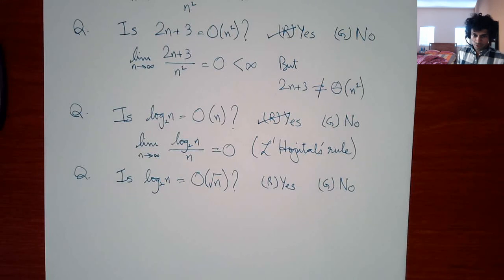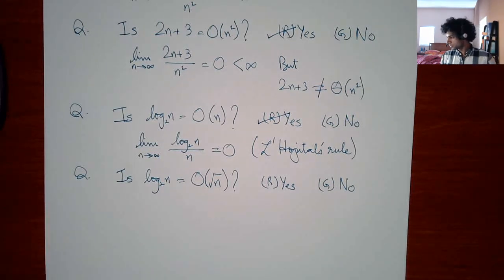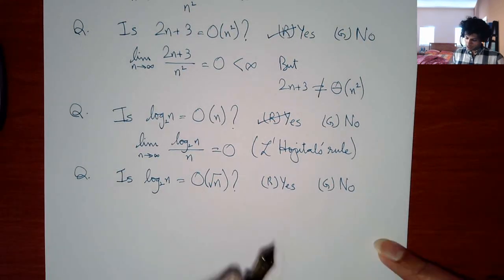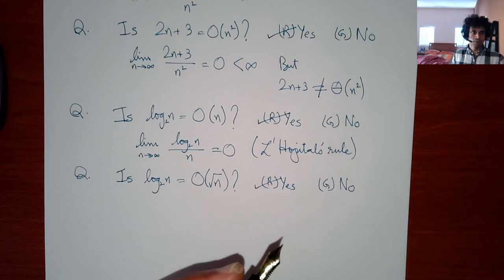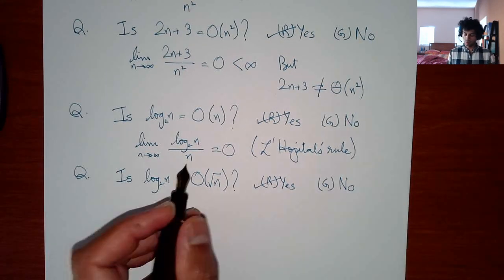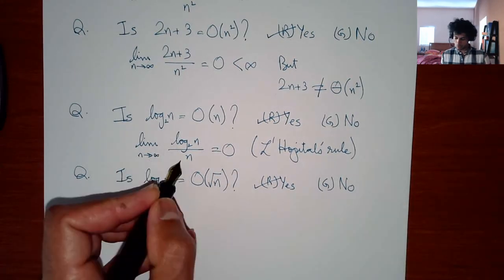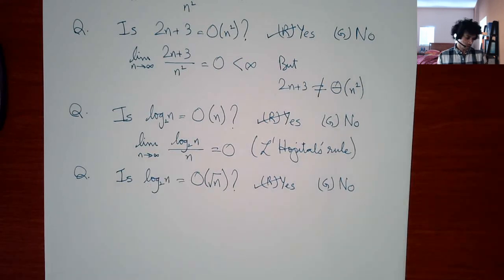So again, sort of 60-40 here. Well, actually, it's almost closer to 50-50. So again, the answer is yes, again by L'Hopital's rule. So I'd recommend that you go and work this out. By L'Hopital's rule, you'll again get the same result, that even if you put a square root n there, the limit is 0.